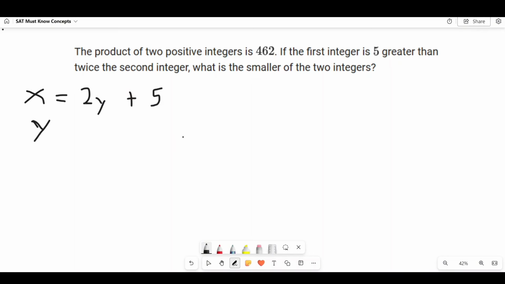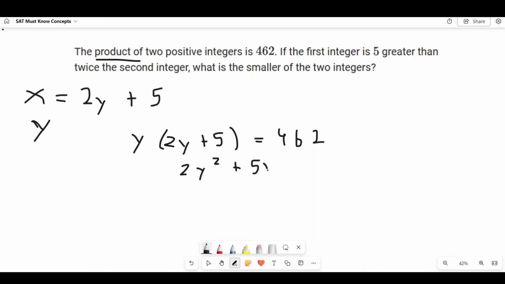So let's just set up that equation. It says we're multiplying them. So y times 2y plus 5 equals 462. That simplifies to 2y squared plus 5y minus 462 equals 0.